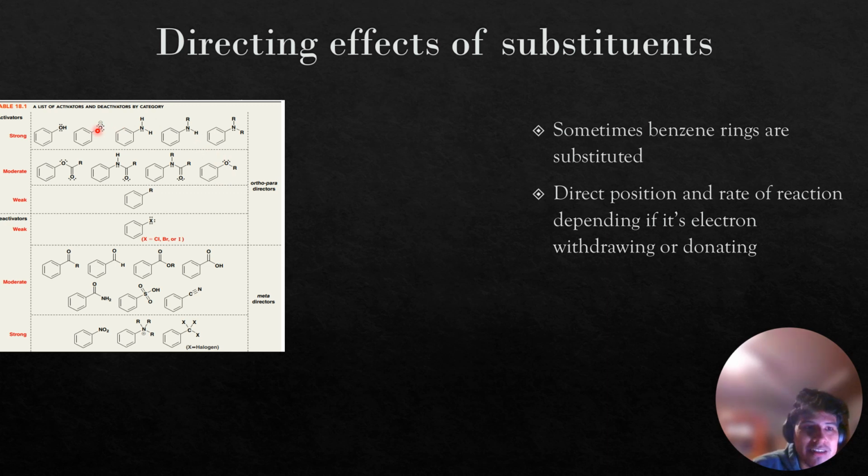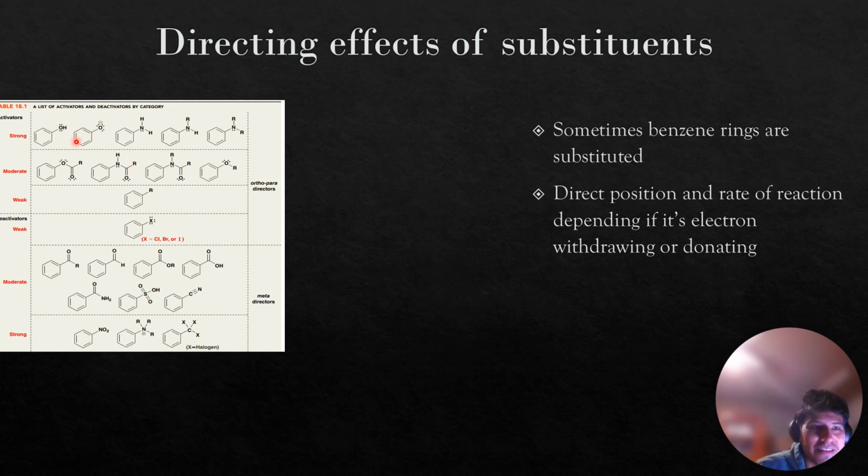Depending on how strong an electron donating group a substituent is, it could be a strong, a moderate, or a weak activator.